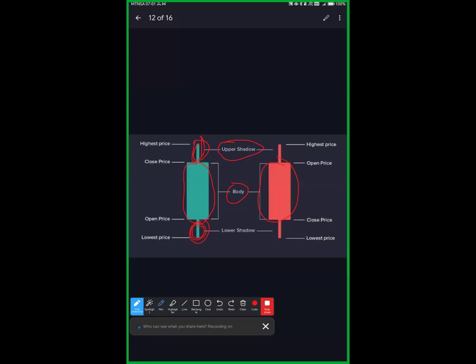The top of the upper shadow is referred to as the high, which is the highest price.